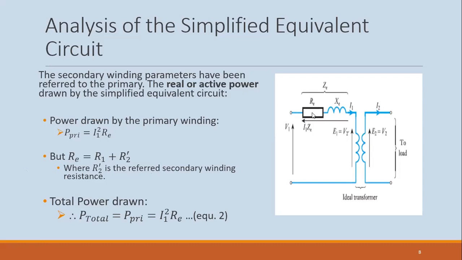We see one voltage drop across the primary winding here. Since we have referred the secondary parameters to the primary, the voltage drop due to the load current would be across the winding here.